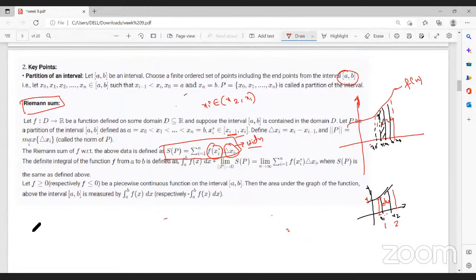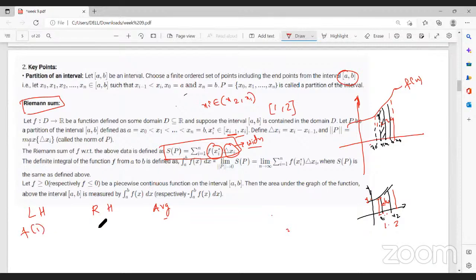So there is one from left hand, right hand, and the average one. When I say left hand, we have to take xi minus 1, whose value here is 1, and this is 2. So I will calculate the function value at f of 1.